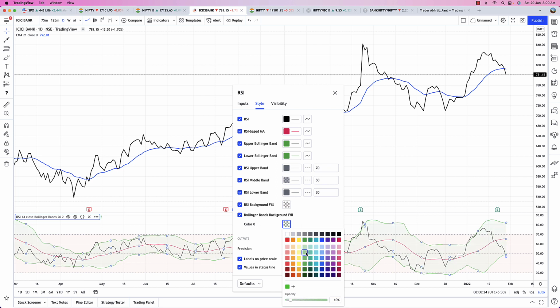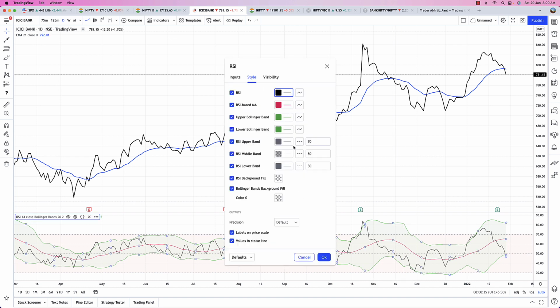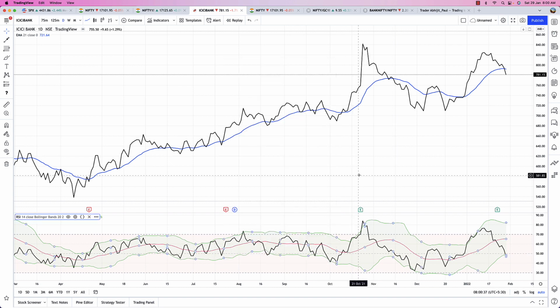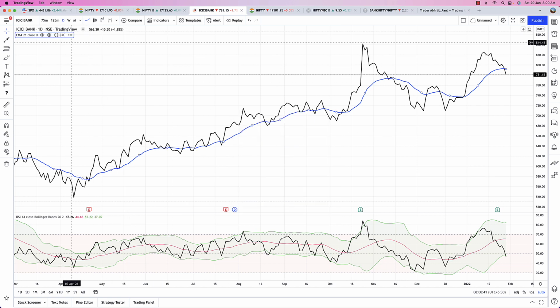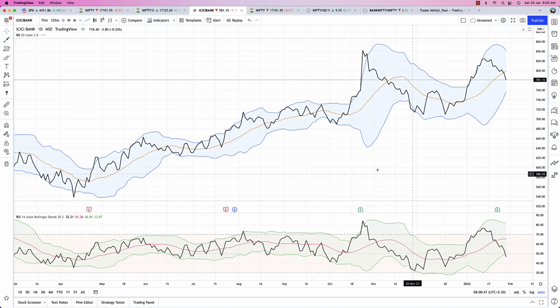I'll just reduce the background, and now we have the Bollinger Band plotted on the RSI. Let's make the RSI a little thicker. It should stand out. That's better. And let's also remove this EMA, go to indicators, and bring in Bollinger Bands on the price.